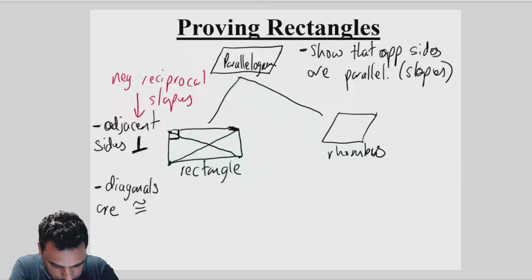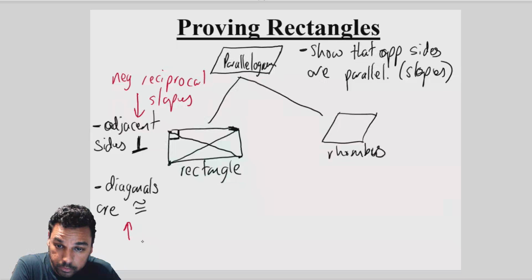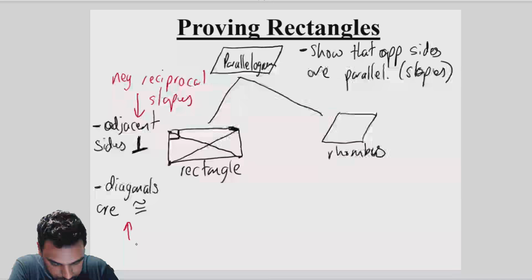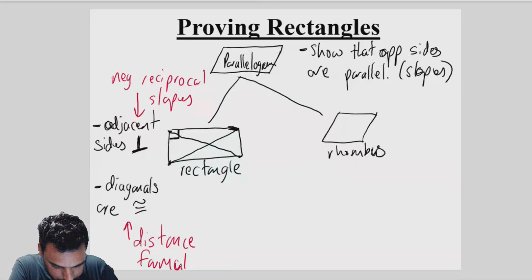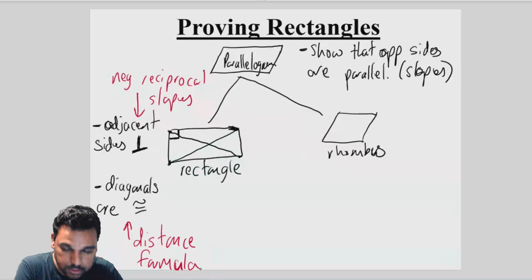And to show that two things are congruent, you could either use the Pythagorean theorem if you have it on graph paper, or if you prefer, you could just use the distance formula. Just going to leave distance formula right here. All right, so these are the two things.